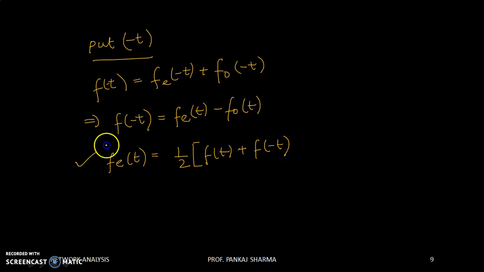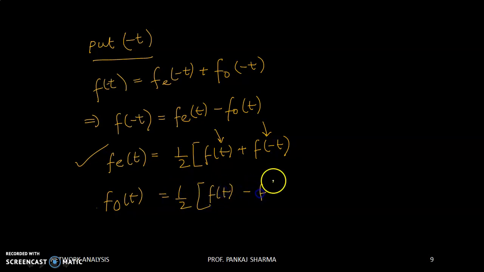That is, the even function can be written as half of f(t) plus f of minus t. First is f(t) and second part is f of minus t. Likewise, fo(t) can be written as half of f(t) minus half f of minus t.